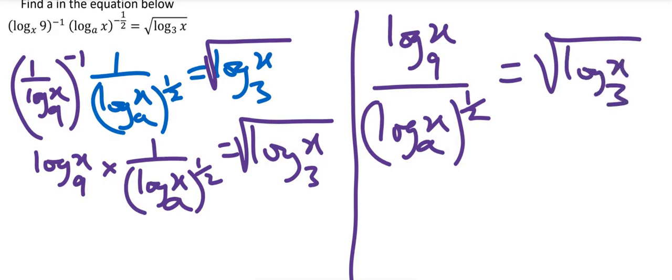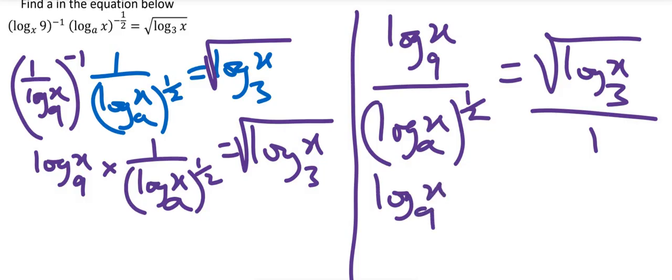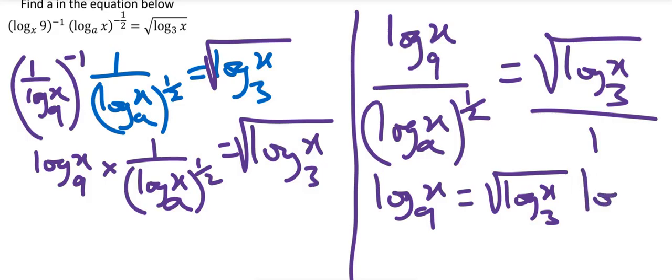Now, if I cross this, the same thing as over 1, I'll cross multiply. I have log x base 9 equals the square root of log x base 3 multiplied by log x base a to the power of 1 over 2.